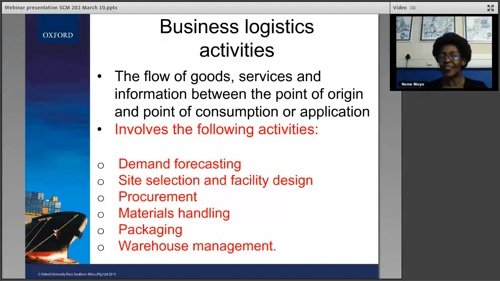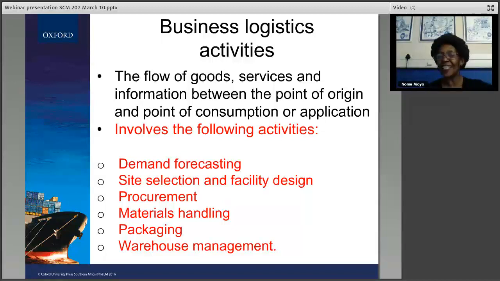We note that it also talks about the business logistics activities. If you go to page 14 of your learner guide, you find some there. It would help you to answer this. I'm not saying those are the answers, but it would help you. Business logistics activities are the flow of goods, services, and information between the point of origin and point of consumption or application.